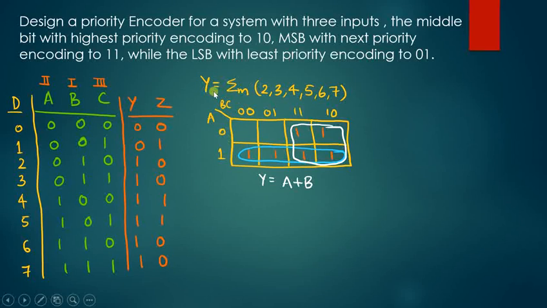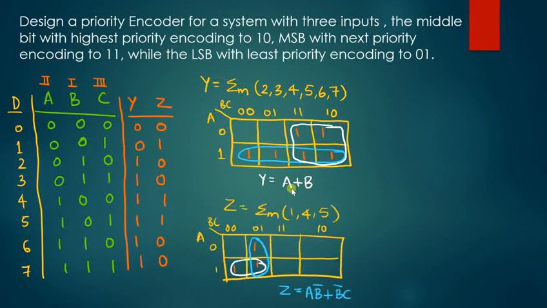That is what is being specified here, summation m(2, 3, 4, 5, 6, 7), and I am going to group these minterms and write the simplified expression to be equal to A plus B. This is A, and this group will give me a variable B.